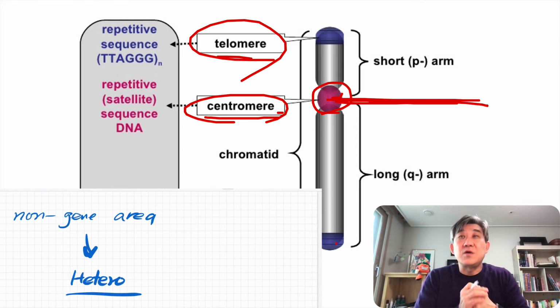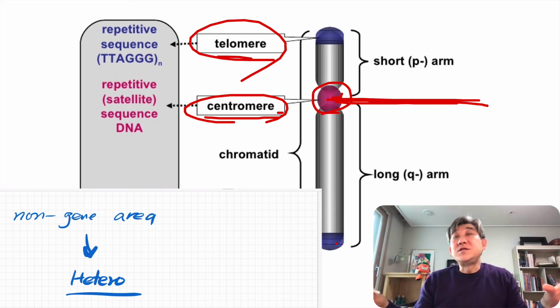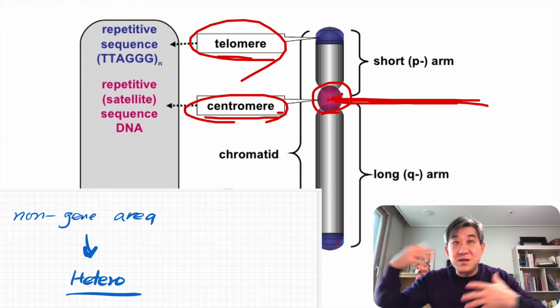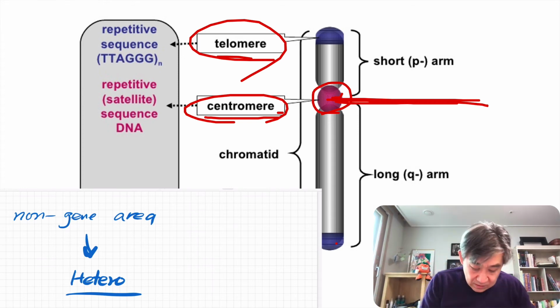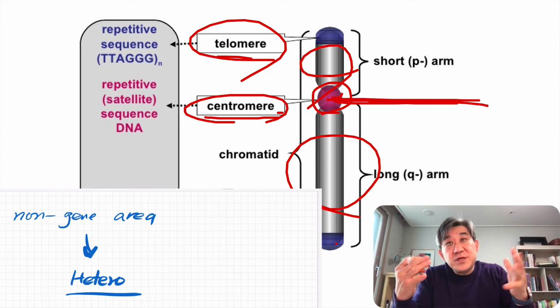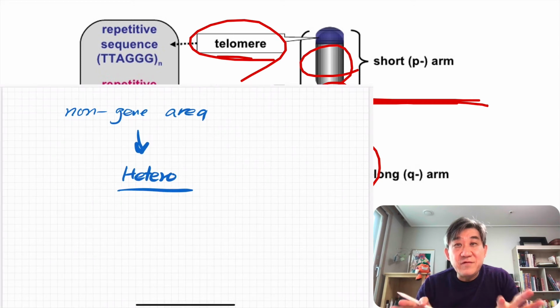I'm not saying there are zero genes there, some genes exist, but in comparison to other areas, the number of genes present in those areas is very, very scarce.